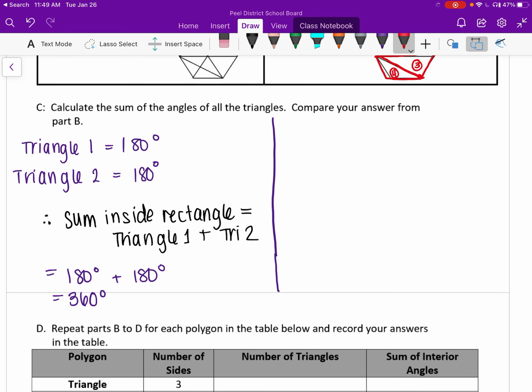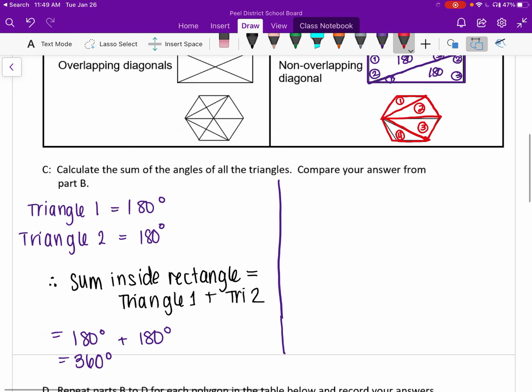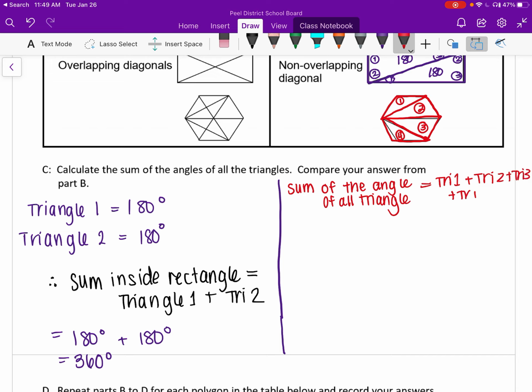So let's try to do the same thing with the hexagon. With the hexagon, I have 1, 2, 3, 4 triangles. So I know the sum of the angles of all triangles is going to equal the sum of triangle 1 plus triangle 2 plus triangle 3 plus triangle 4.